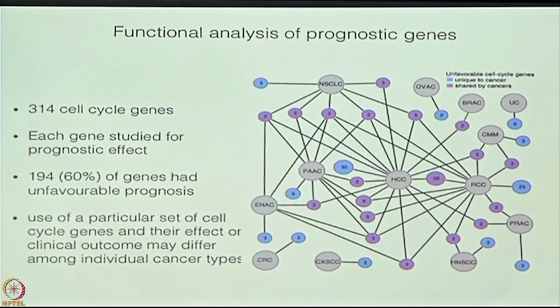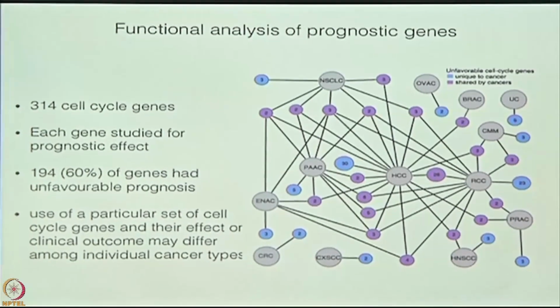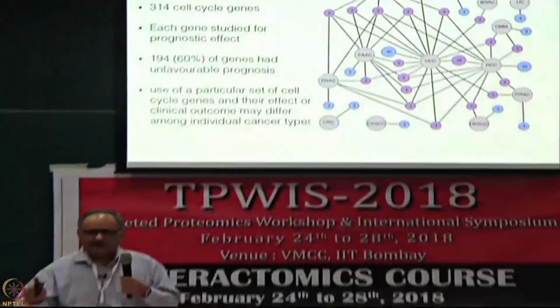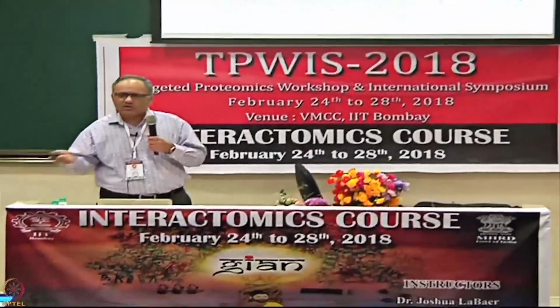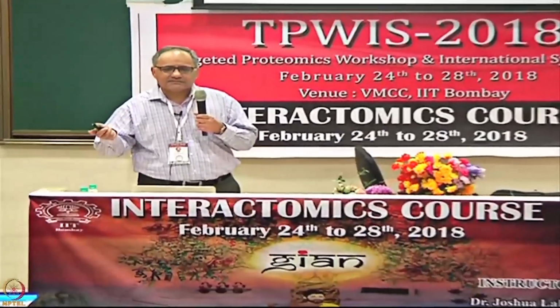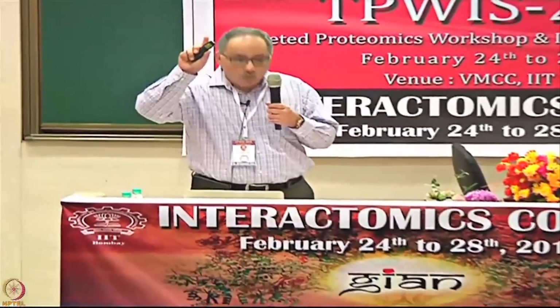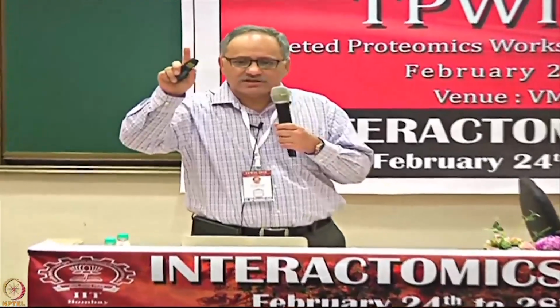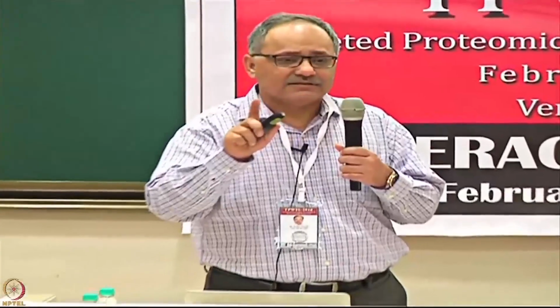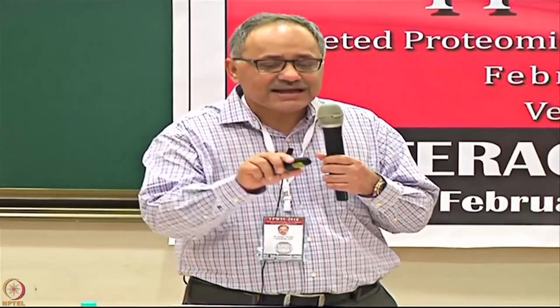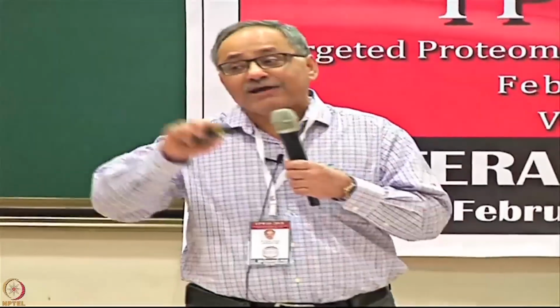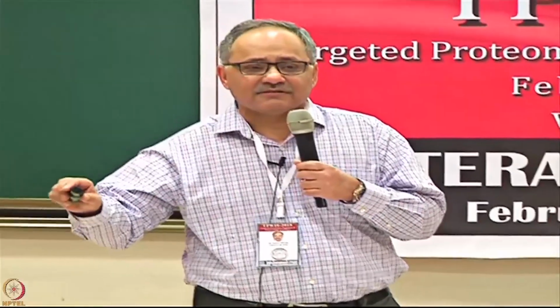For mitotic index, you either count the mitosis on the slide, or there is a marker called Ki67, MIB1, which everybody swears by, but which does not work in all cases. So that's just one prognostic gene from the cell cycle. Therefore, all cell cycle genes may not apply to all cancers.